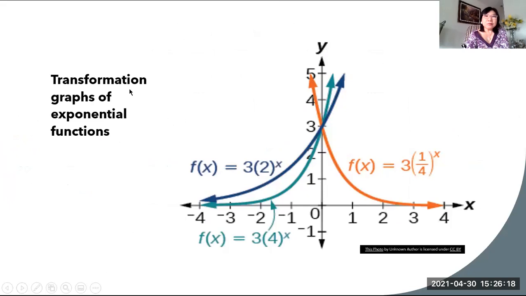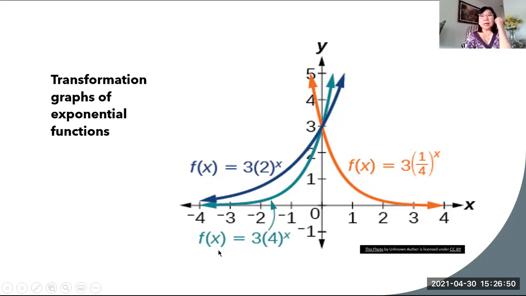So on the next slide, we talk about the transformations of the exponential function again. Now we can have various transformations. If you look at the basic graph here, we have a light blue down here, a dark blue up here, and we have the orange function here.